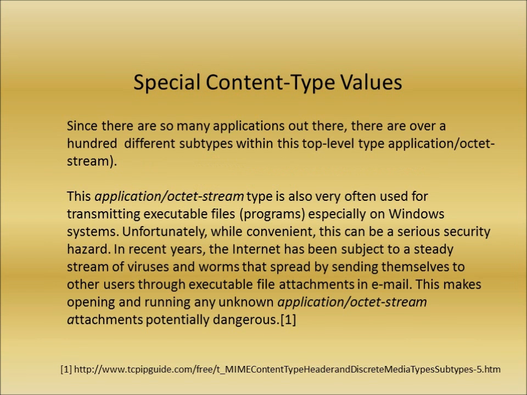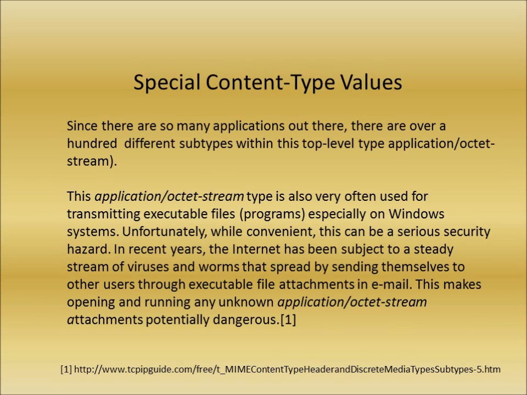As I mentioned earlier, content type application octet stream is sort of a catch-all for application content types that can't be matched. This application octet stream type is very often used for transmitting executable files, programs, especially on the Windows platform.